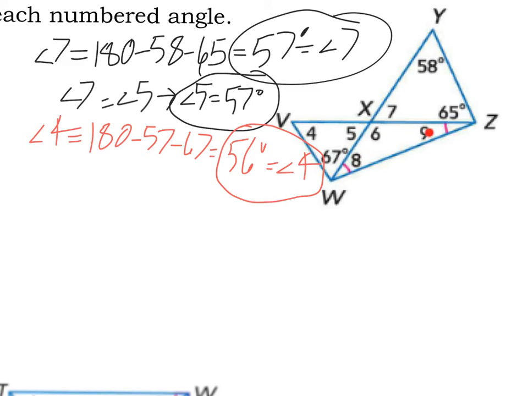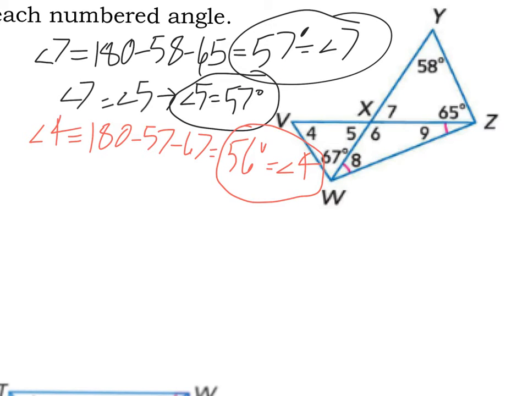So now I want to turn my attention to figure out the angles in this triangle right here. This one may look a little tricky, but if you look at it, this is a straight angle right here, right? This line. So that means angles 6 and 7 form a linear pair. You could also look at it from this perspective. This is also a straight line. So 5 and 6 make a linear pair. But remember, 5 and 7 are the same angle, right?